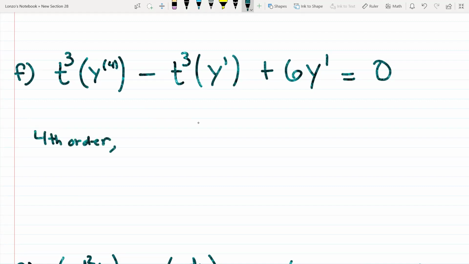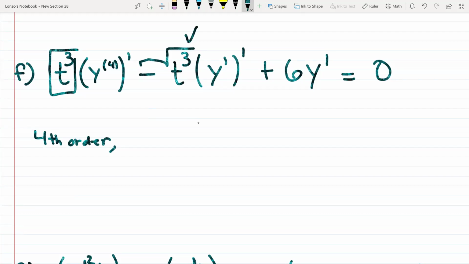And then let's check if everything is linear. So we have t^3. This is linear, right? This is to the power of 1. The coefficient is t^3, which doesn't have a y in it, so that's fine. This one is fine. This is the first derivative to the power of 1. This has a coefficient of negative t^3, which does not have a y, so that's fine.